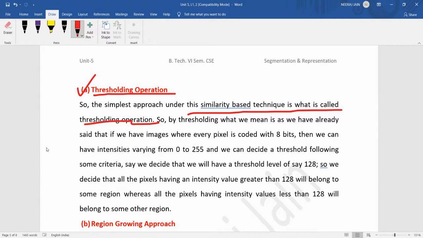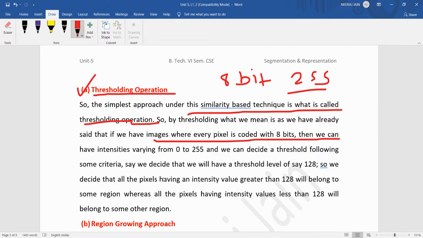That is the basic approach. By thresholding, what we mean is, as we have already said, that if we have an image where every pixel is coded with 8 bits, then there can be a maximum of 0 to 255 varying intensity levels, and we can decide a threshold on some criteria, say 128 is the threshold value.